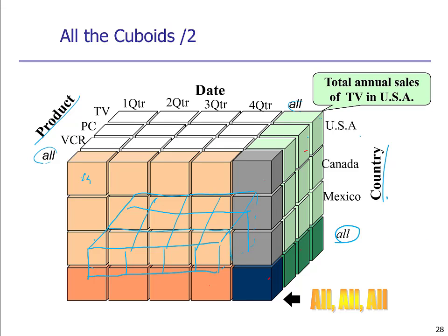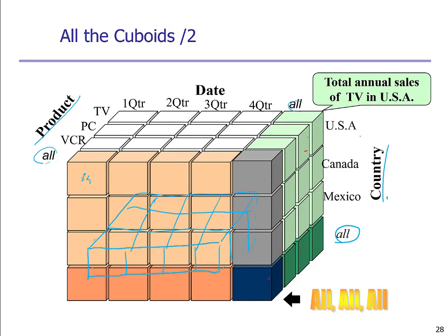Any cell within this hidden layer is not hidden logically or physically, it's hidden visually, right? You cannot see it in this kind of visualization, but it is actually there. So a cell represents the total sales of a particular product in a particular quarter across all the countries, right?